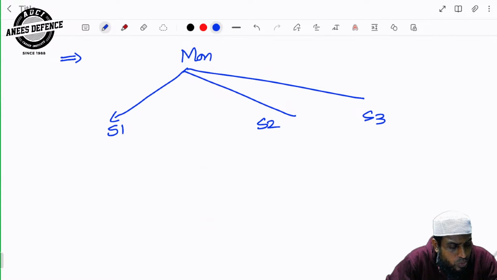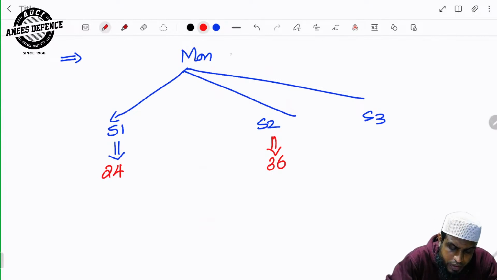First and second can do the work in 24 days and 36 days respectively. First son is doing the work in 24 days. The second son does it in 36 days.